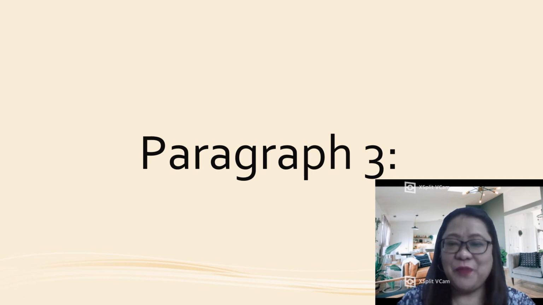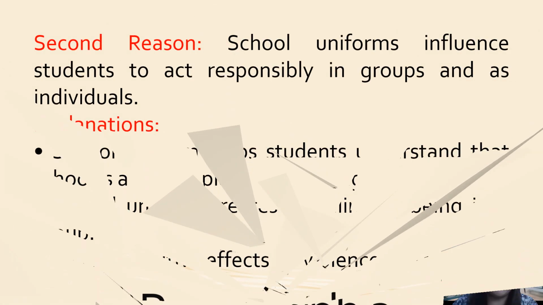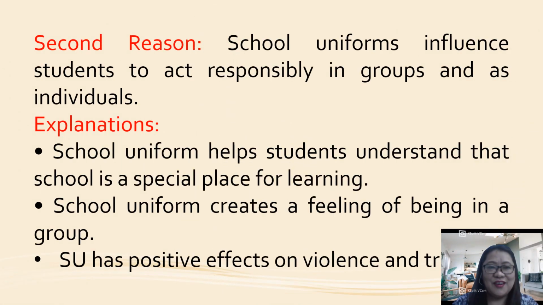For paragraph number 3, for our second reason, school uniforms influence students to act responsibly in groups and as individuals. And for the explanations to support your second reason, here is explanation number 1.